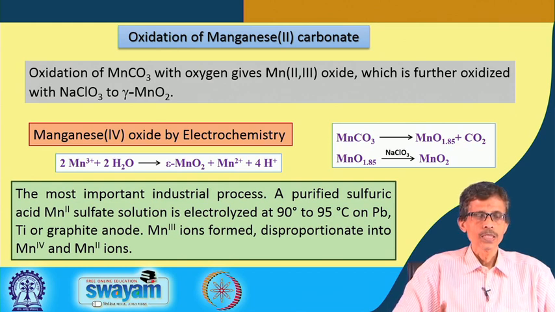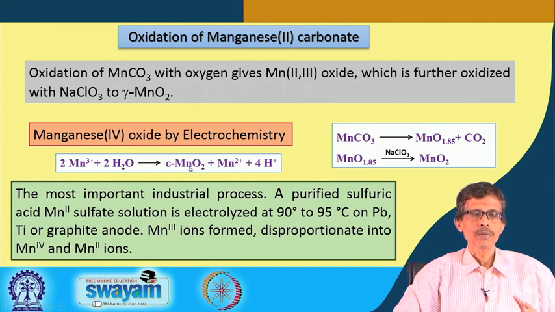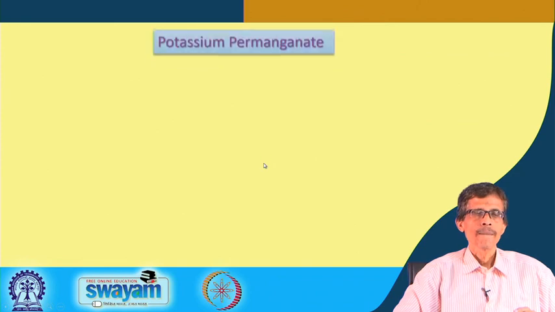We all know that manganese 3 is very susceptible to disproportionation, and that reaction gives a 1:1 mixture of tetravalent manganese, which is your epsilon MnO2, and bivalent manganese as manganese 2 plus.